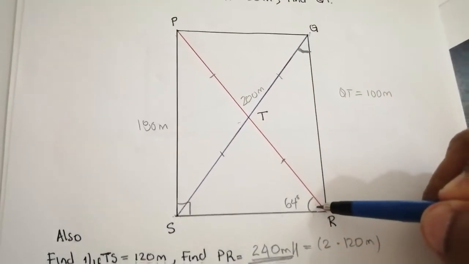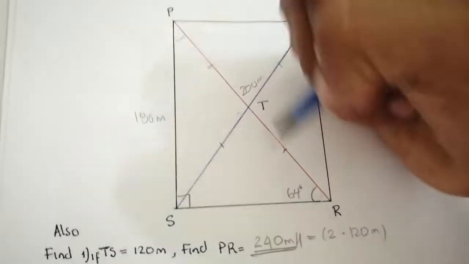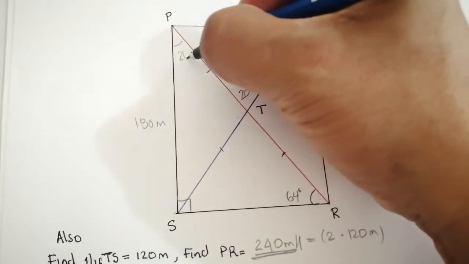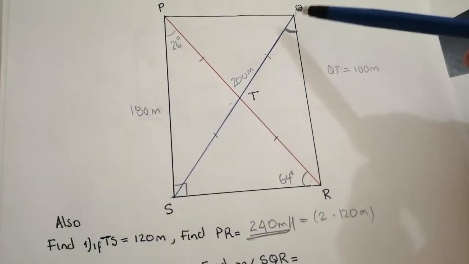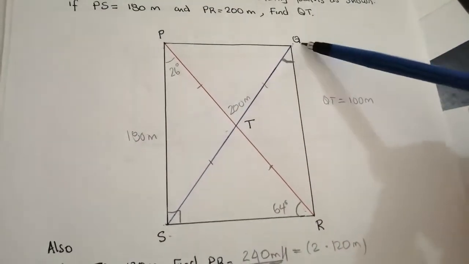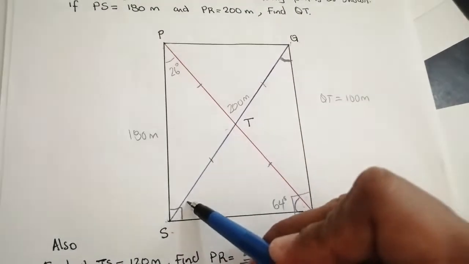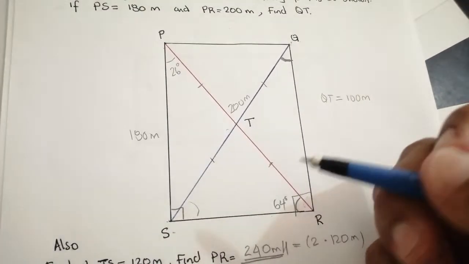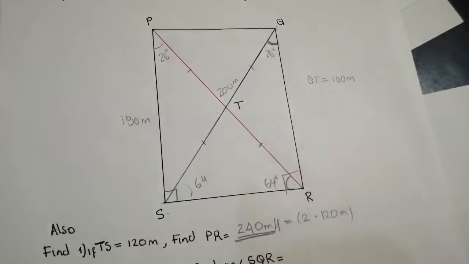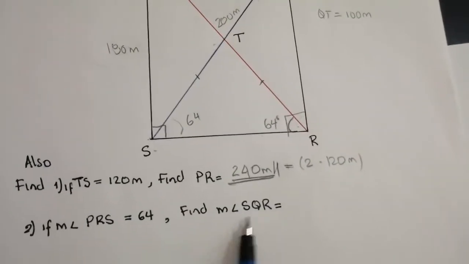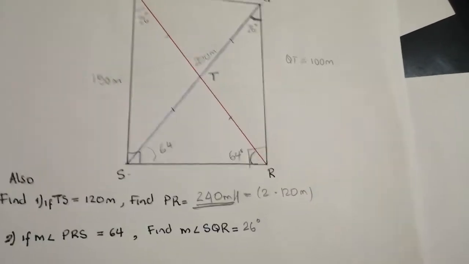Since this is 64, the angle on top will be the complement of 64, which is 26 degrees. The same will happen with triangle SQR. We know that the whole thing here will be 90. This will be 64, and this will be 26. Therefore, the measure of angle SQR is 26 degrees.